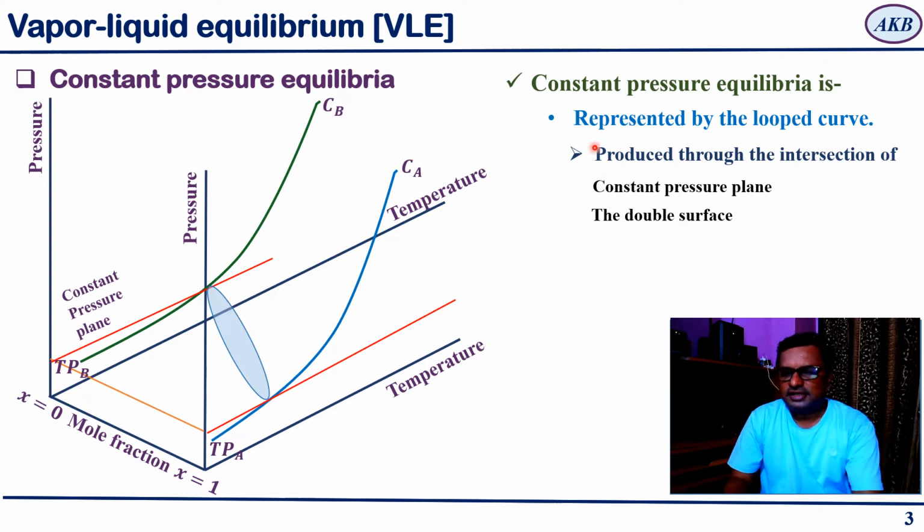That's why we are saying constant pressure equilibria is represented by the loop curve that is produced through intersection of the constant pressure plane and the double surface.